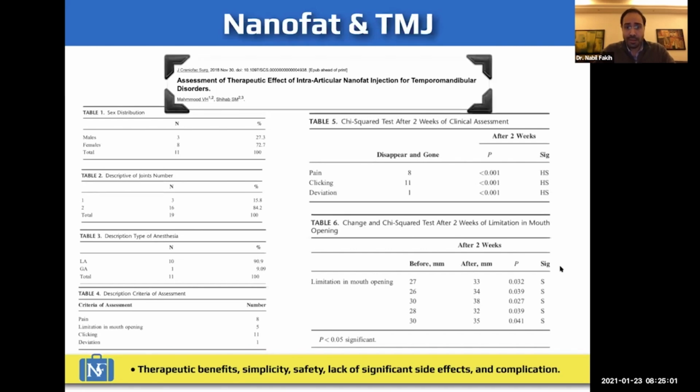Also in TMJ, as a maxillofacial surgeon, I can tell you that they have seen therapeutic benefits, simplicity and safety, and lack of significant side effects and complications injecting nanofat in the TMJ.